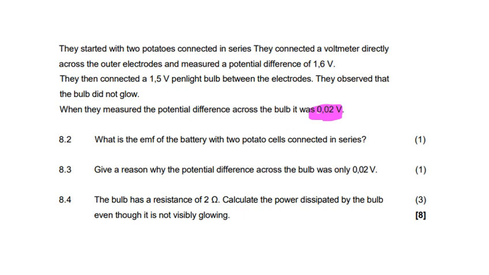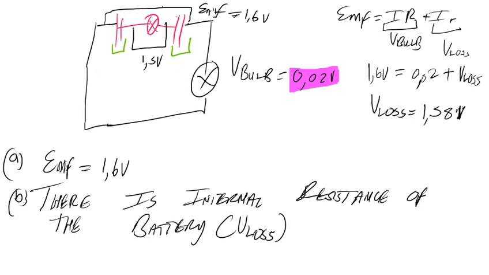Okay. And then C, they say the bulb has a resistance of 2. Let's write it. You see on this circuit, it acts like a resistor. So they say R bulb. Resistor of the bulb is 2 ohms. So now look at that. In that circuit, you have got R bulb and V bulb.